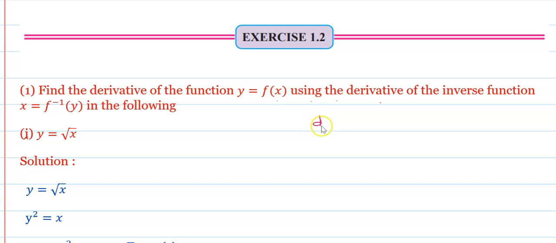Means here you are doing dy by dx is equals to 1 upon dx upon dy. This is very important. In all these type of examples, we are using dy by dx is equals to 1 upon dx upon dy. Okay.